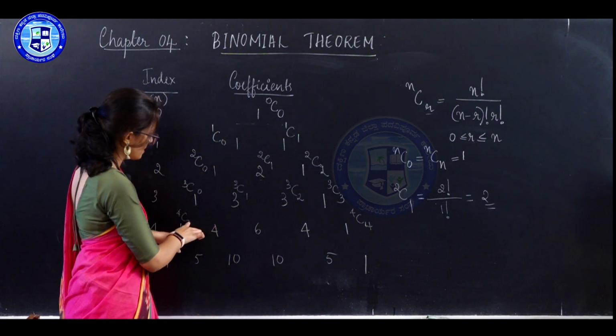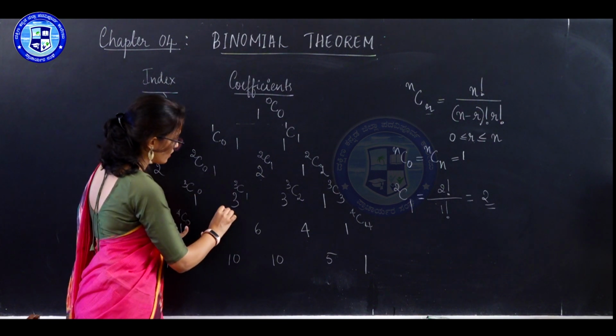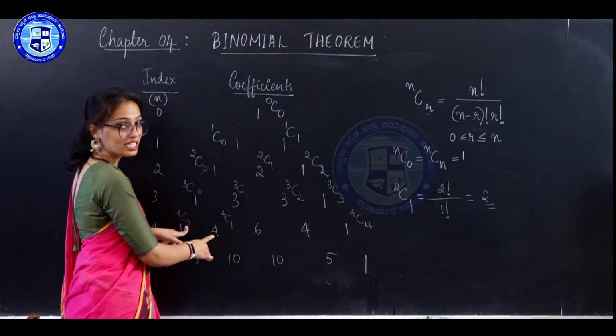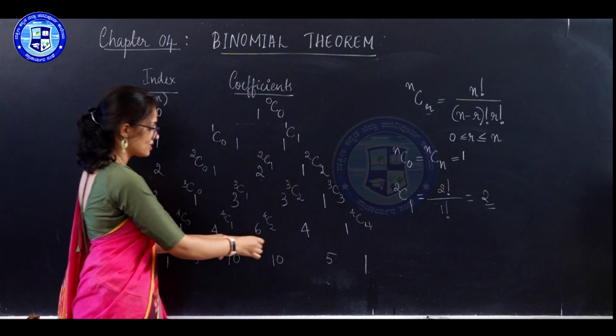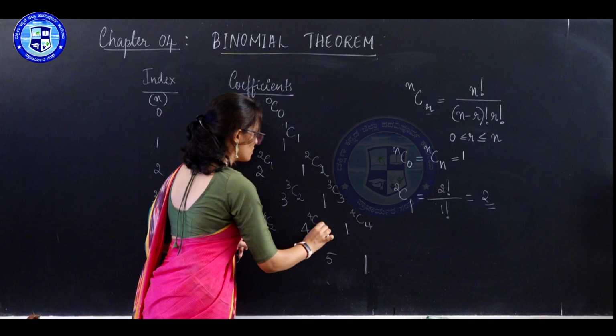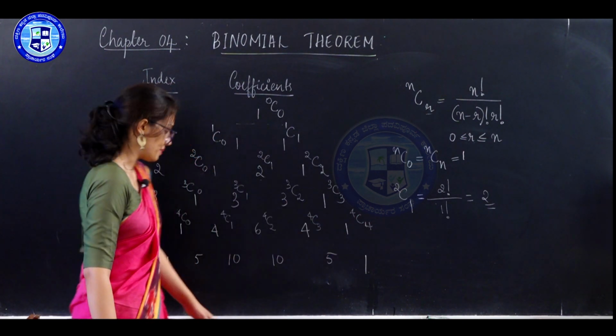What are the numbers in between 0 and 4? It is 1, 2 and 3. So if you calculate 4C1, you will get 4. 4C2, you will get 6. 4C3, you will get 4, and the last term 4C4 is equal to 1.